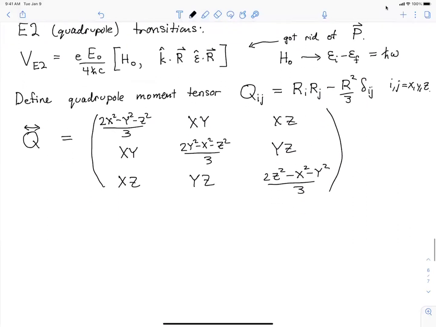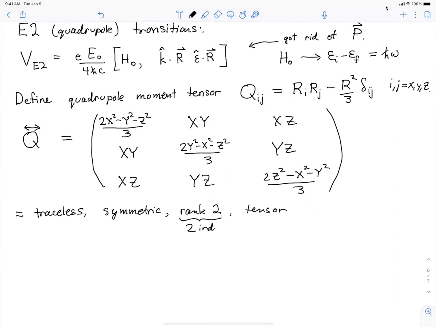Written as a matrix, this is a traceless symmetric rank 2 tensor, just because it has two indices. The rank is just equal to the number of indices here. So ordinary vectors are rank 1 tensors.